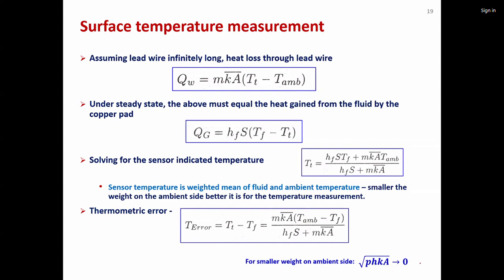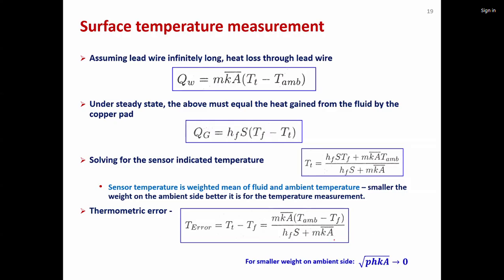But in a practical scenario, it is very difficult to design where the perimeter times heat transfer coefficient and thermal conductivity area is 0. It may be very small. So when you have a small M into Ka, which is non-zero, that will give rise to some finite thermometric error, okay, which can be maybe close to 1 degree or 2 degrees or something like that.